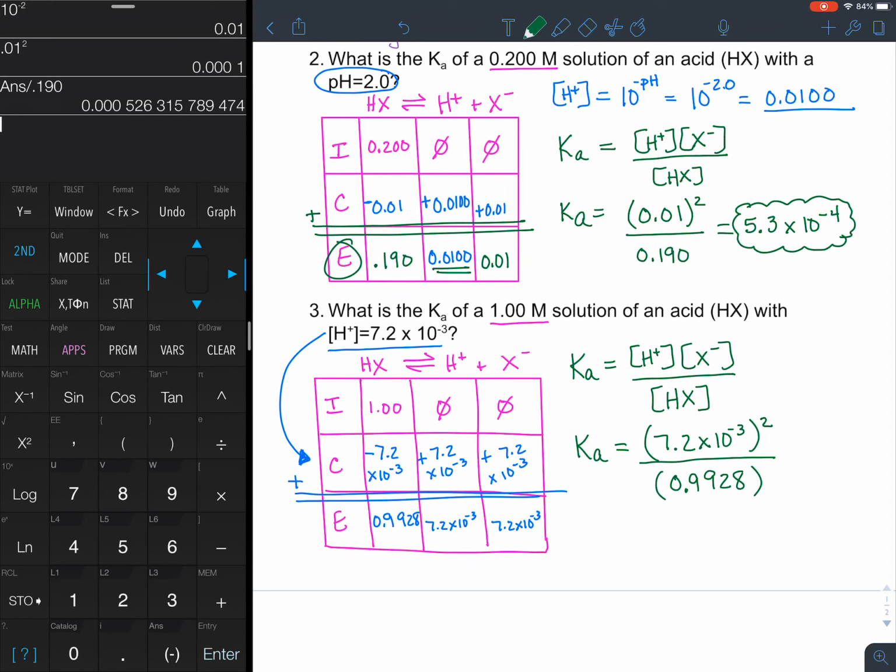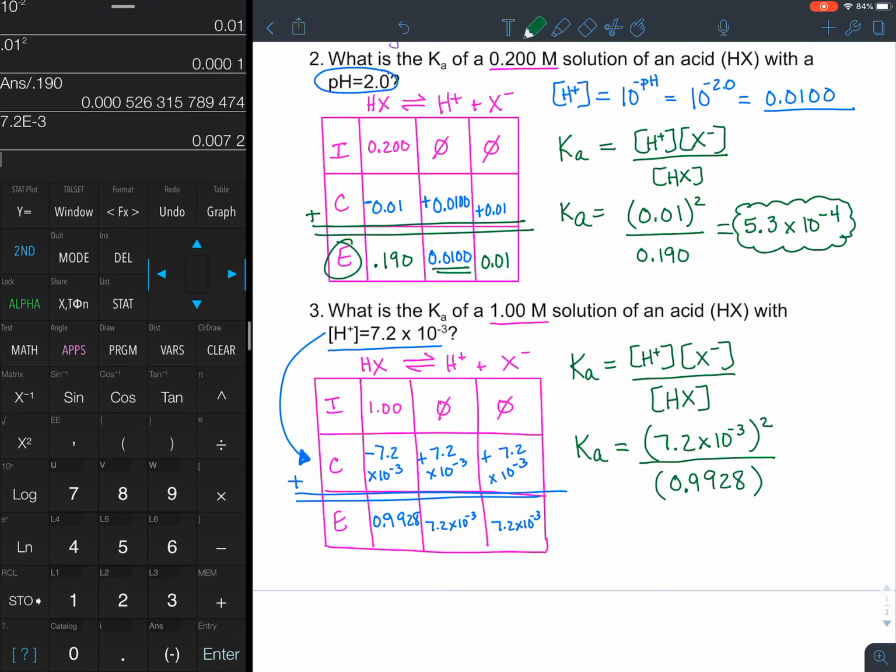0.9928. All right, so let's do this in our calculator. 7.2 second EE to the negative third. I'm going to hit enter, and then I'm going to square that. Hit enter again, then I'm going to divide by 0.9928. And I get an answer of 5.2 times 10 to the negative fifth.